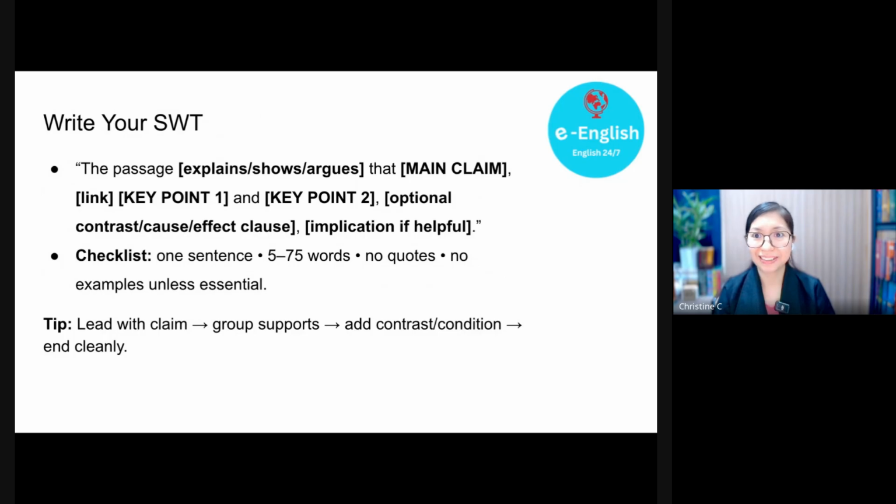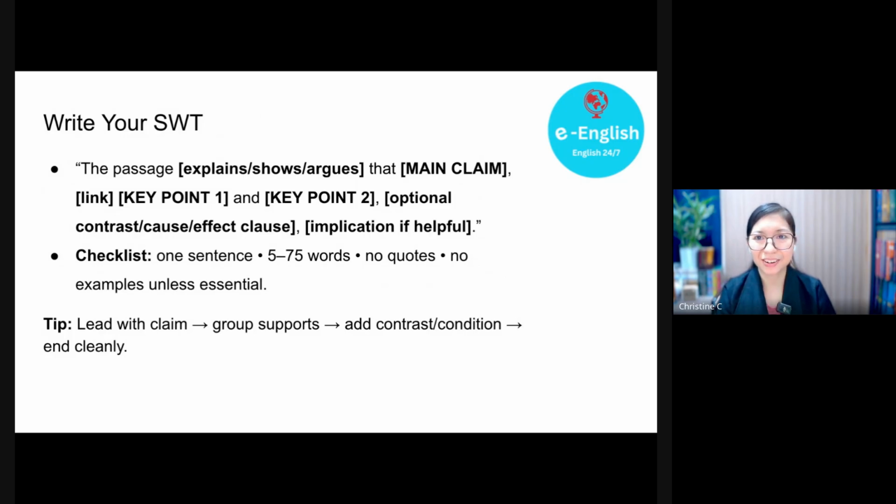Now, what is the main claim? What is the core idea? So if you remember about the micro drill practice earlier, we saw some keywords there, right?